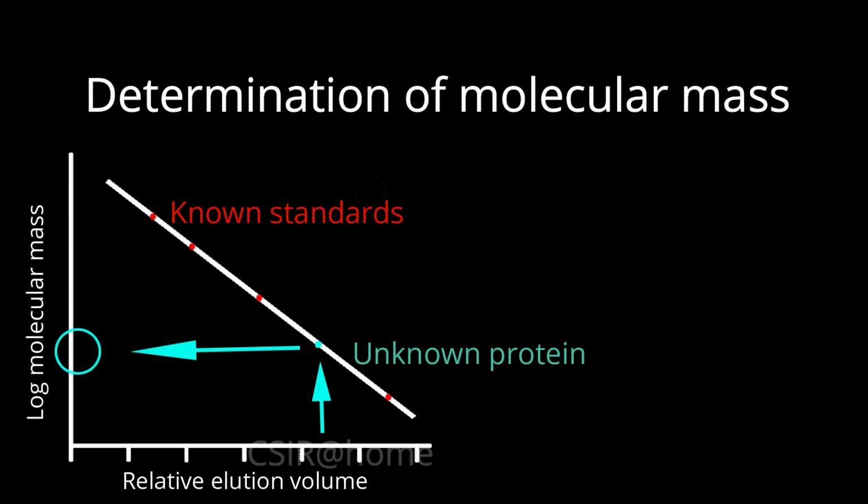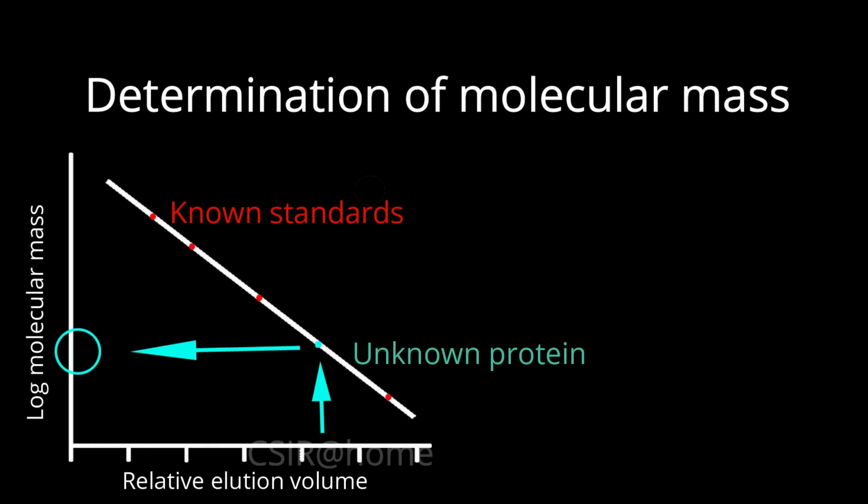Determination of molecular mass. First, calibrate the column with standard proteins and plot the relative elution volume against the logarithm of molecular weight. Observe this graph. The graph shows the relative elution volume versus the logarithm of molecular mass for a variety of proteins on a column.